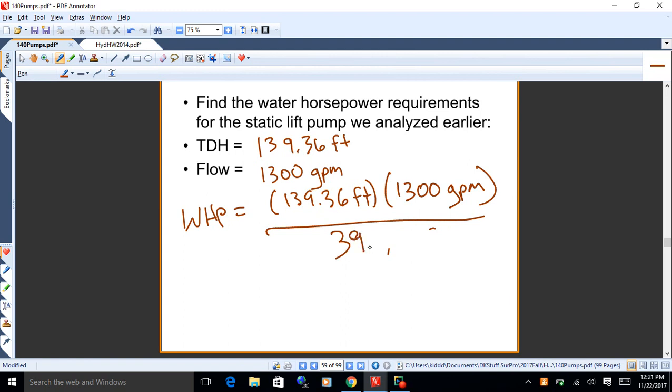And that's all there is to it. You just take the flow rate times the head and divide it by 3,960. That's it.